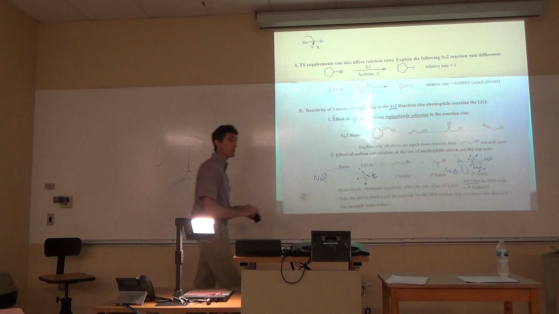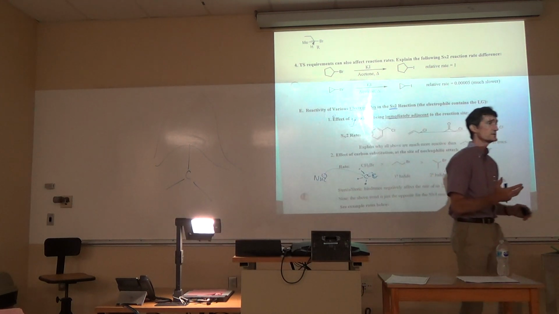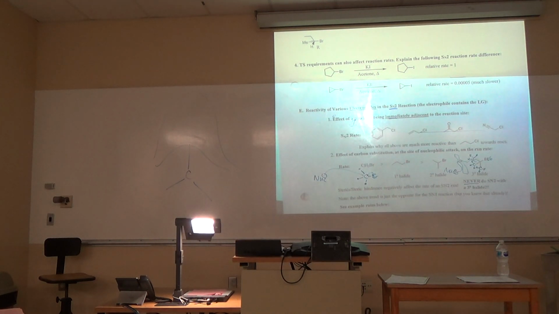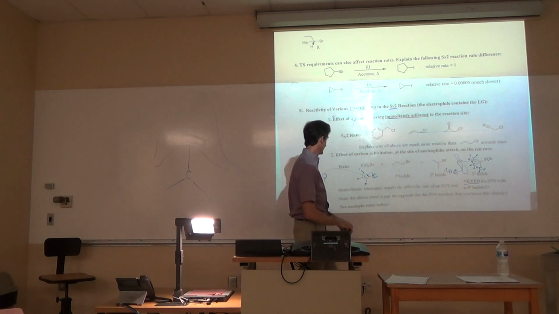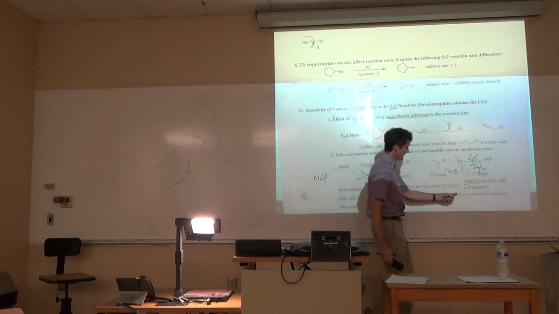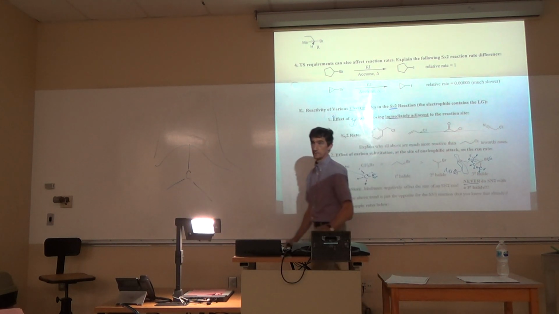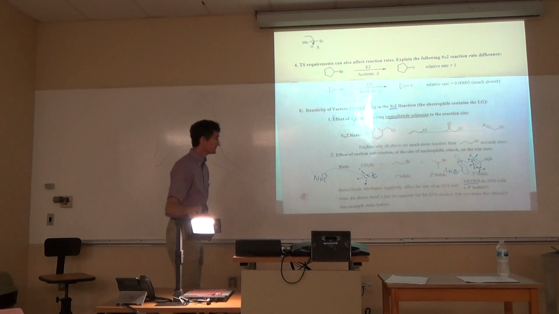Tertiary, because we know why. What's the rate determining step for Sn1? Carbocation formation, which is going to form carbocation easier. This reacts faster in Sn1. That's what I said down here. But you knew that already. All right?